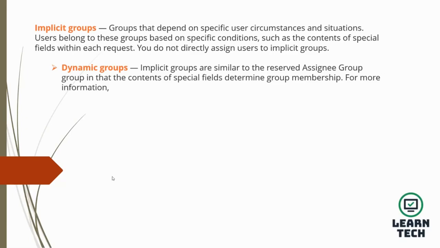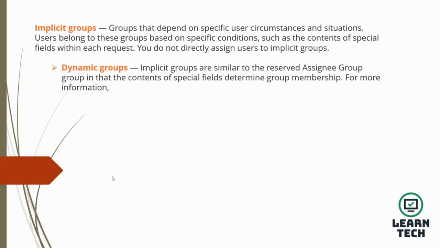Dynamic groups are a very good concept in BMC Remedy for role level security, where you have different people from the same company creating, let's suppose, records in the same form, but based on these dynamic groups you can segregate the data. So you can give permissions to people on the same form itself.